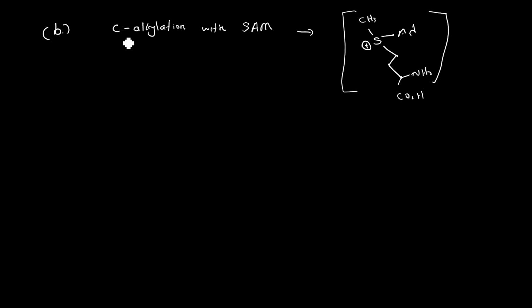Okay, now when it comes to C alkylation with SAM, let me take an example to explain it to you. I will take yellow color. Let's take a molecule, phenol. It's a pretty good molecule. So here we have OH.